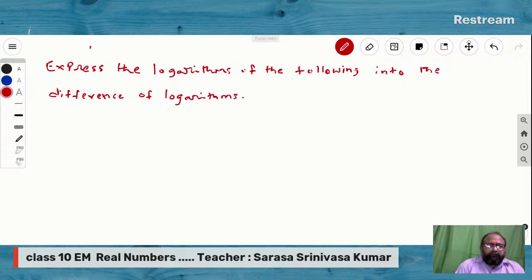Do this. Page number 20. Students can refer to page number 20. Do this.